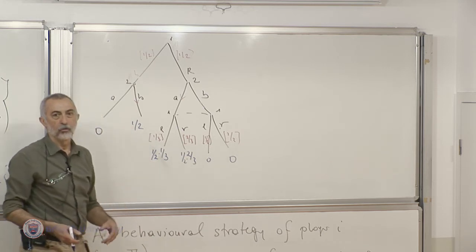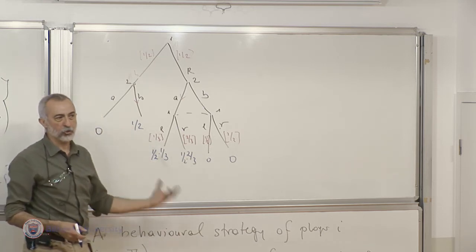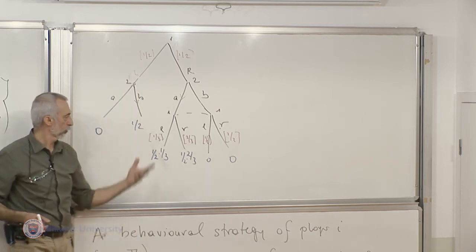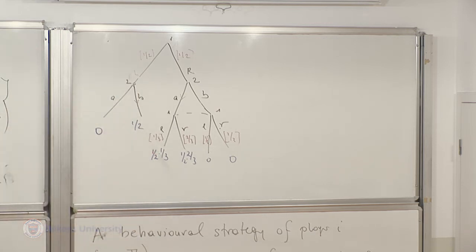Okay, so is there a mixed strategy of player 1 and 2 which induces the same probability measure over terminal histories?